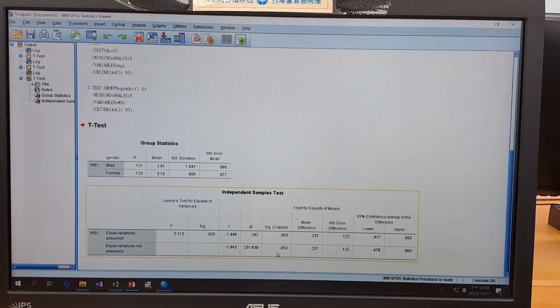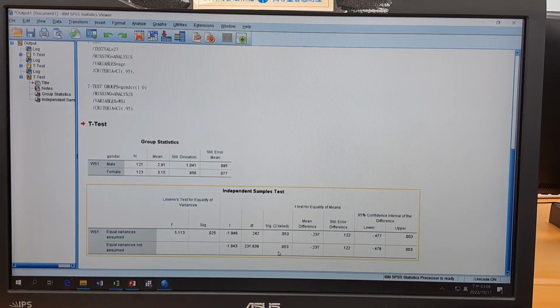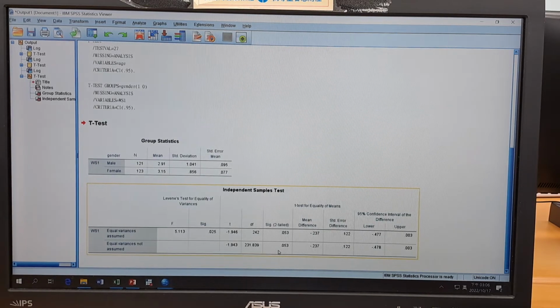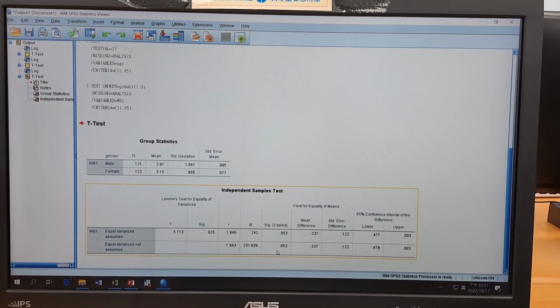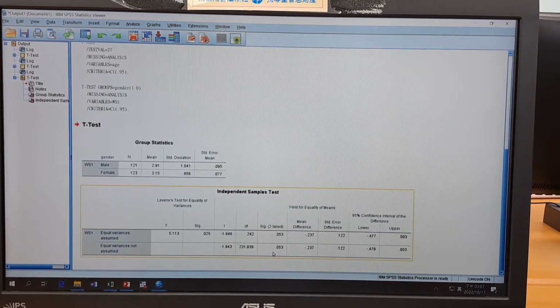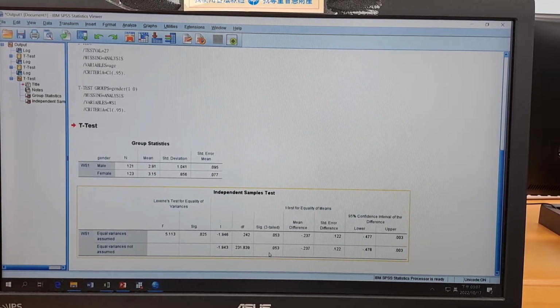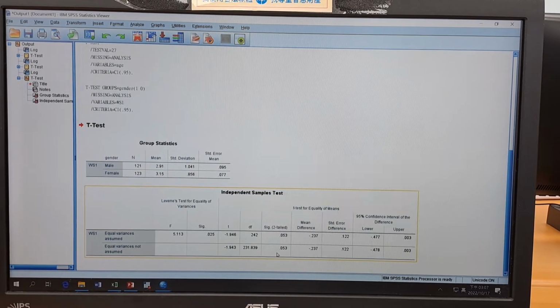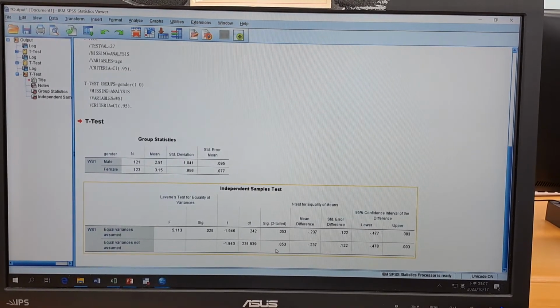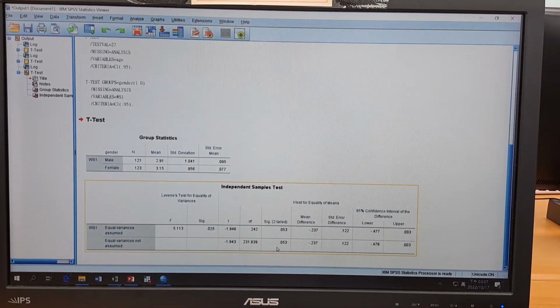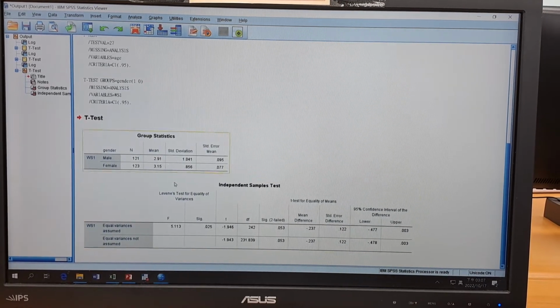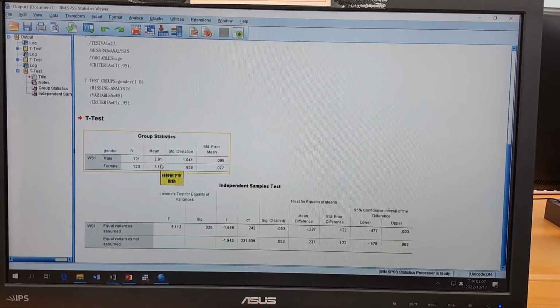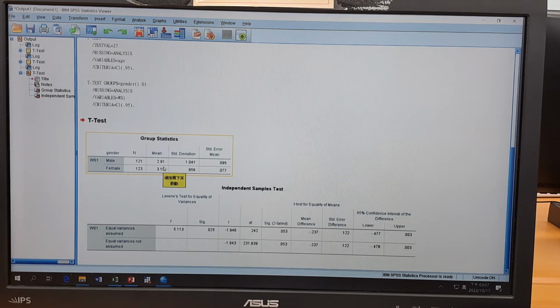So if it's significant, how do we address the conclusion? The conclusion is there is a difference, or they are different, between males and females on the mean score. Male mean score 2.91.